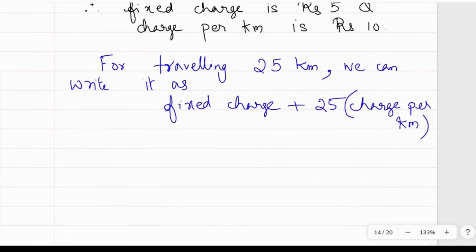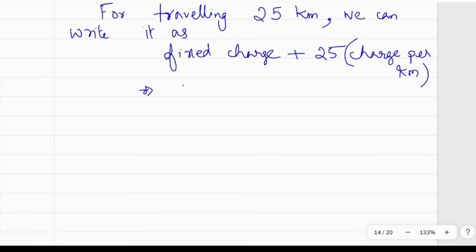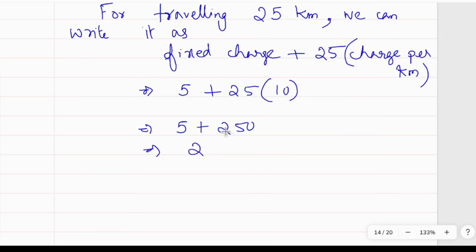What is the charge per kilometer? That is equal to fixed charge 5 plus 25 into 10. Clear? Which is equal to 5 plus 250, which is equal to 255. This much rupees we will have to pay for traveling 25 kilometers. Clear?